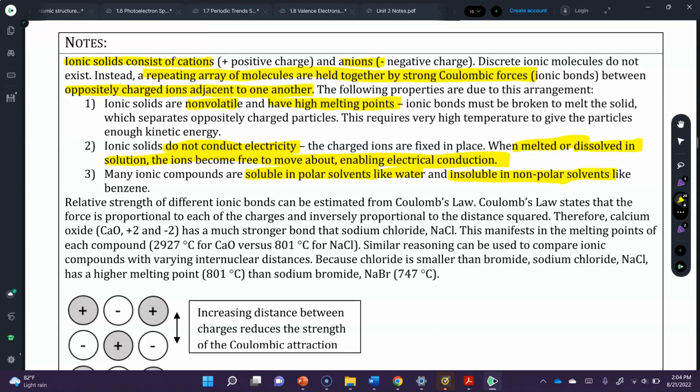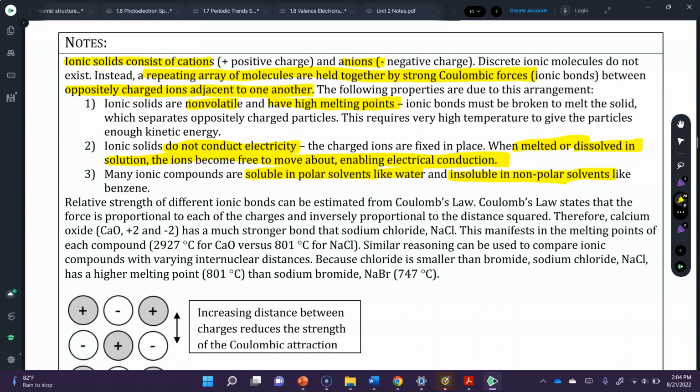Anyways, relative strength of different ions can be estimated from Coulomb's law. Remember that Coulomb's law states that the attractive force is proportional to each of the charges and inversely proportional to the distance squared. Therefore, calcium oxide, where calcium and oxygen each have a magnitude of 2 charge, has a much stronger bond than sodium chloride, where those charges are each 1.